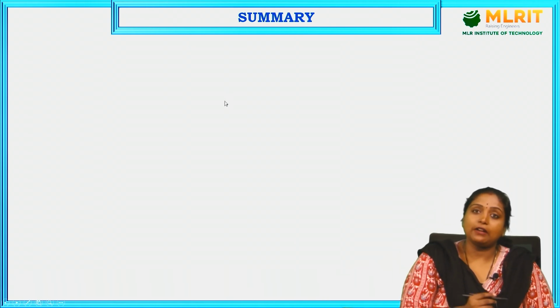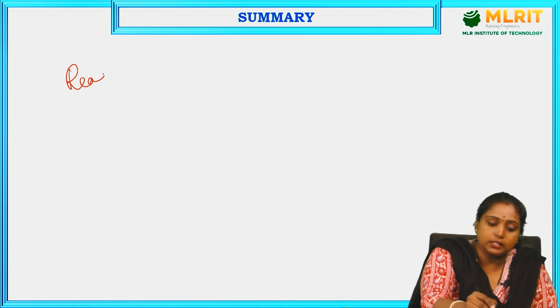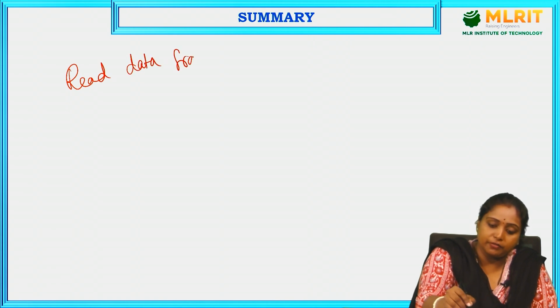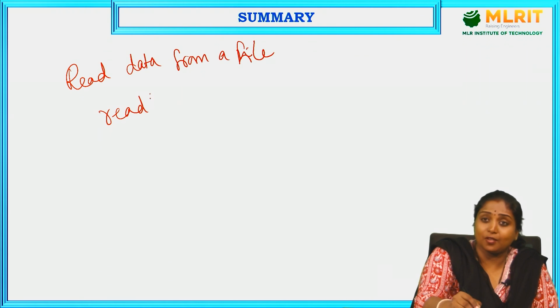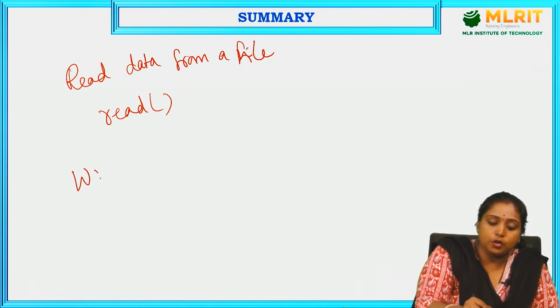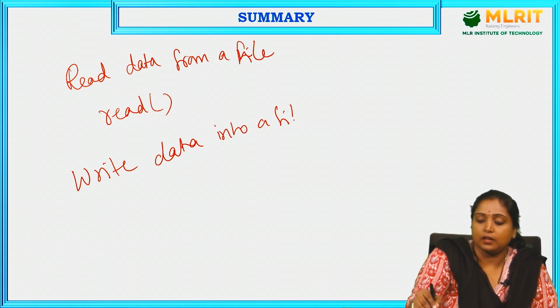So what we have discussed in today's session is how you are going to read data from a file using the read method, which is a common method, and how you are going to write data into a file using the write method.